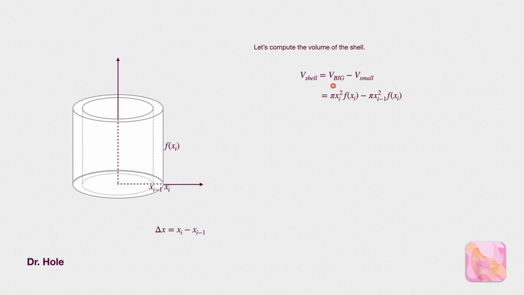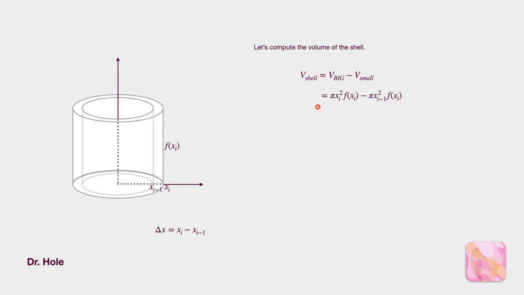So V big will be pi r squared, pi x sub i squared, times the height. And the inner shell will have a radius x sub i minus 1, giving a volume small as pi x sub i minus 1 squared, times height, f of x sub i. Note that it's f of x sub i.